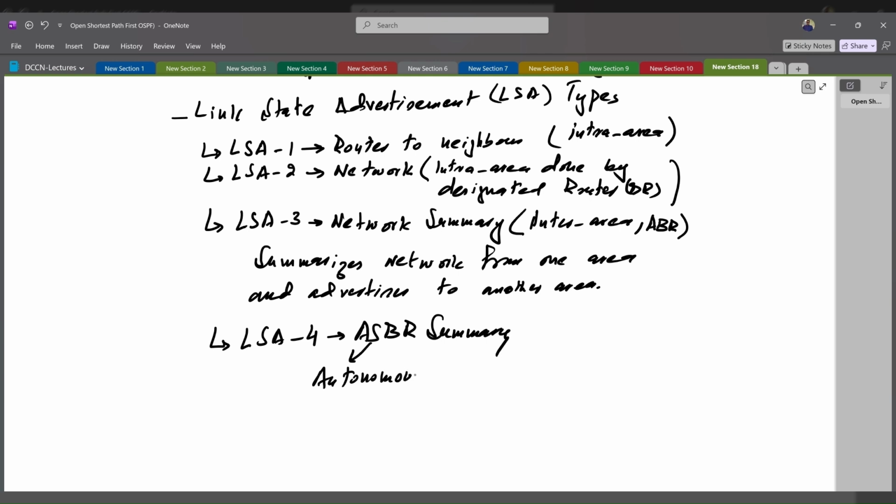Autonomous systems are rather any network, right? So for example, CUI's network is an autonomous network. There would be a router through which we are connected with the internet, and that router is known as ASBR, autonomous system boundary router.